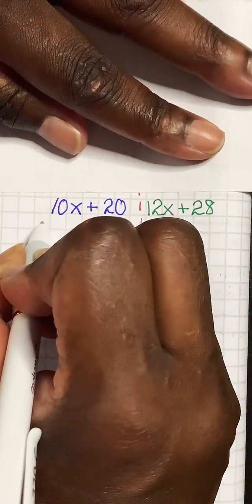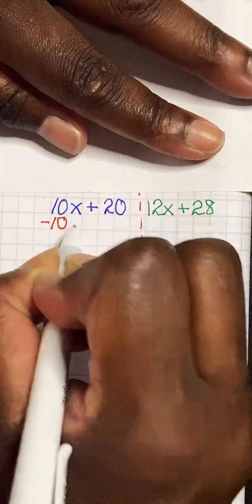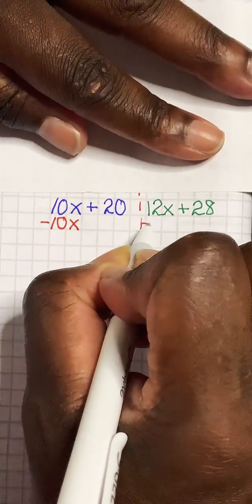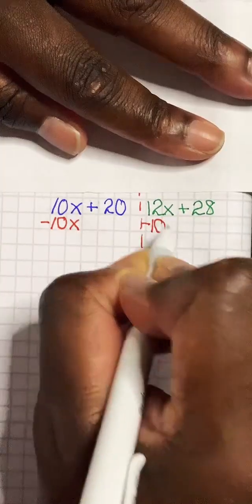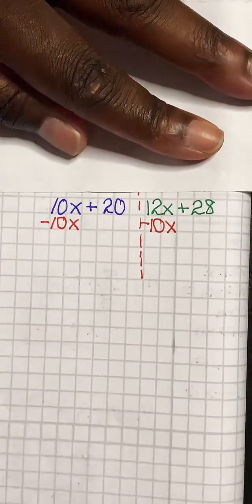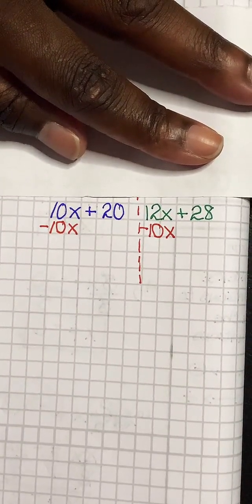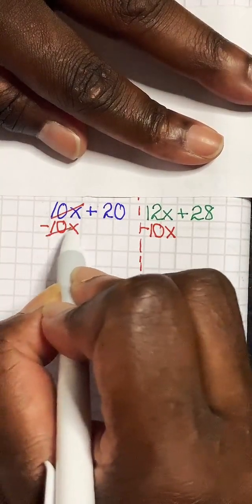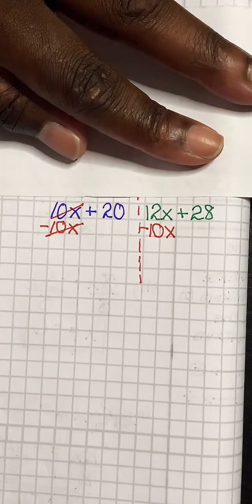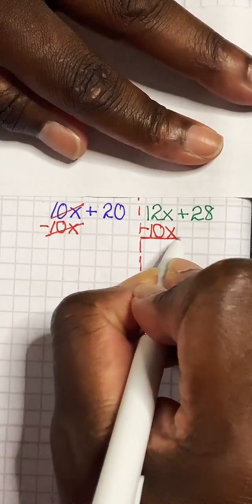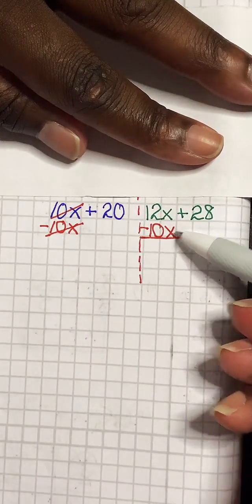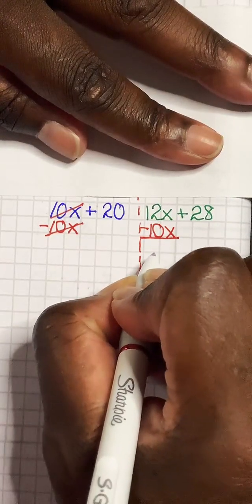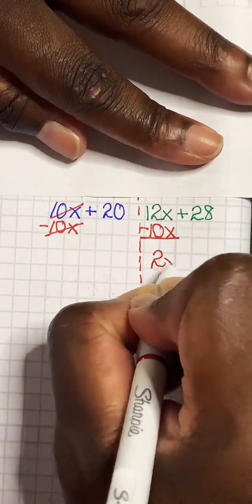So I'm going to subtract my 10x. If you subtract the 12x, do it all the way through so we can compare our answers. So that means positive 10 minus 10 cancels out to give me a 0. So now here I have 12 minus 10, which gives me an answer of 2x.